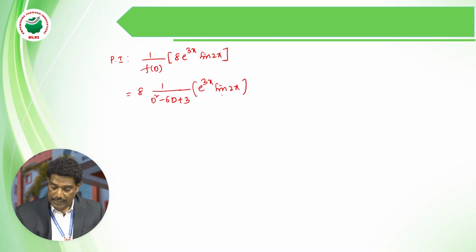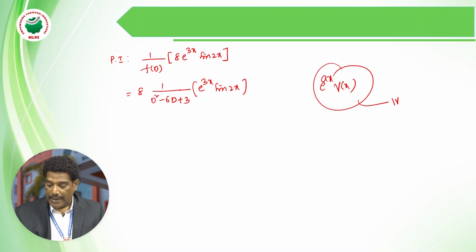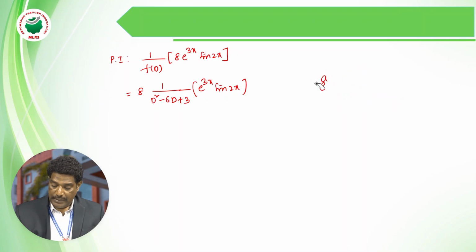Here we can observe this is in the form of e power of ax into V of x. This belongs to type 4 model functions. For type 4 model functions, we know the working rule: shift the exponential term outside while replacing D by D plus a.